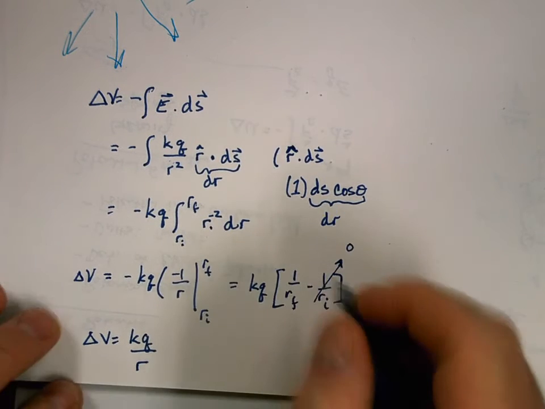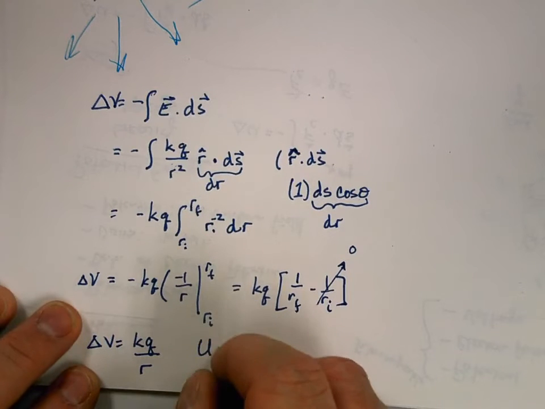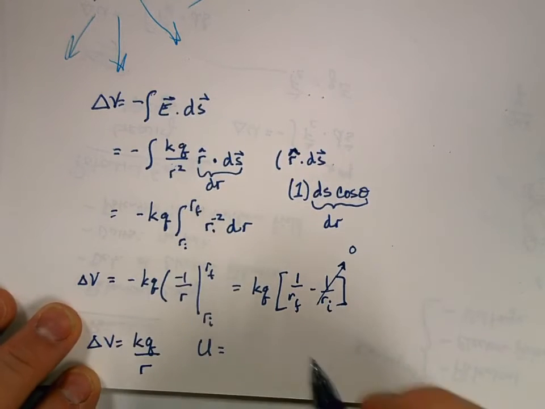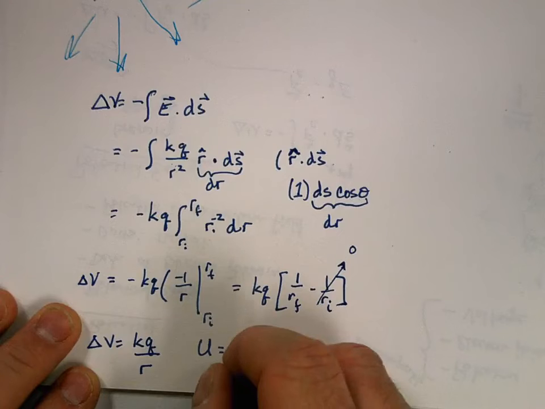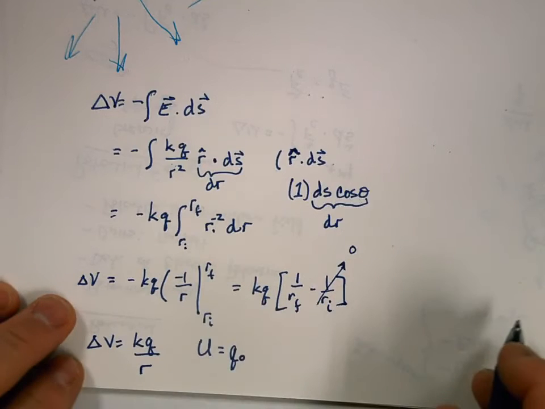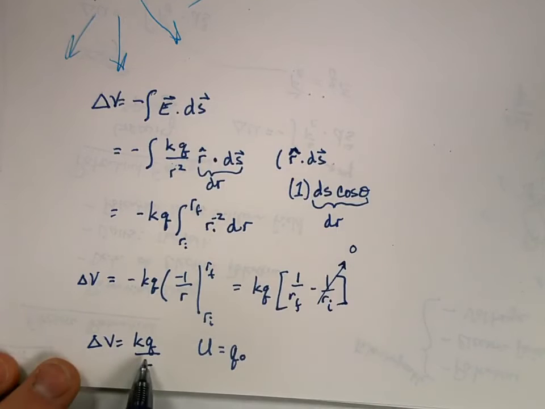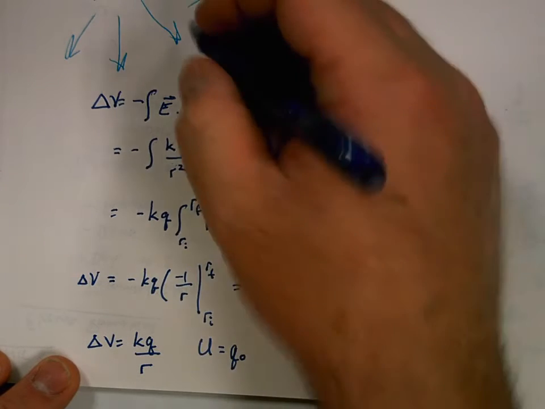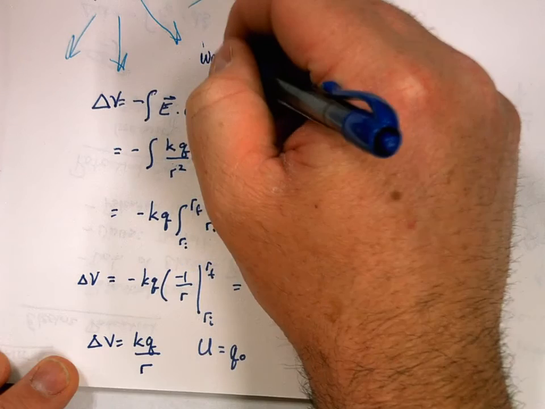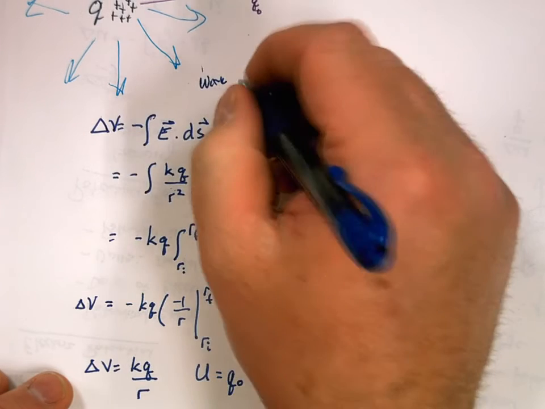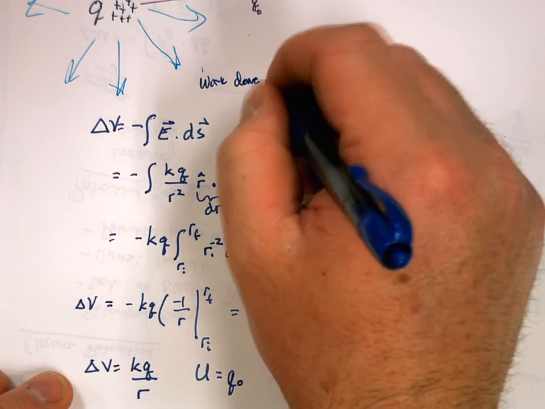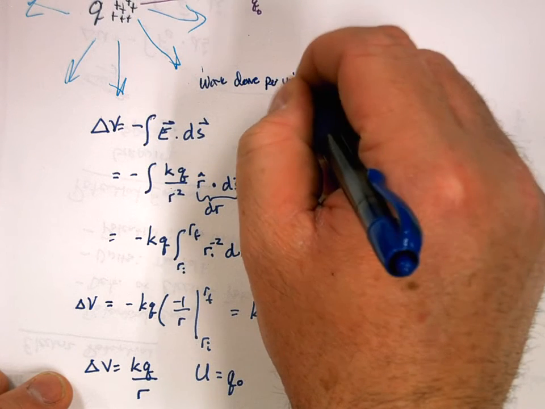All right. Now, our potential energy U is equal to q naught, whatever that test charge is, times the potential, because voltage is defined as work done per unit charge.